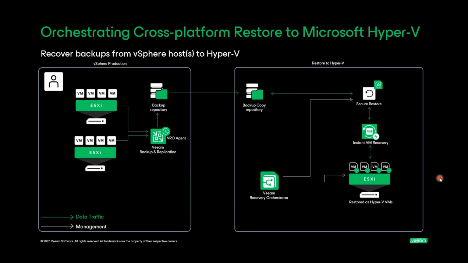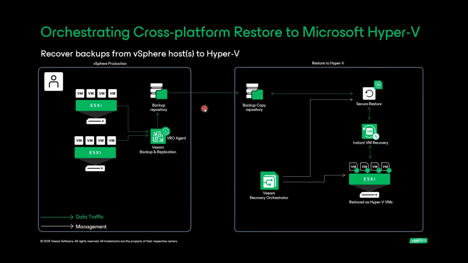And from here, you can already understand the benefits that you will get in the situation you want to do this. From the point of view of the process, it's the same as what we've seen previously with the standard backup restores. We have our VBR server backing up the VMs on the backup repository in production.